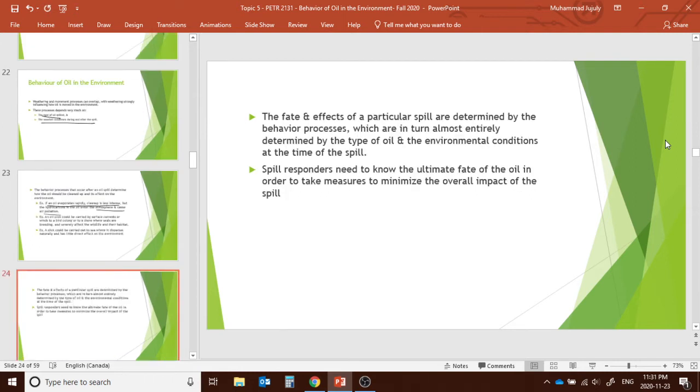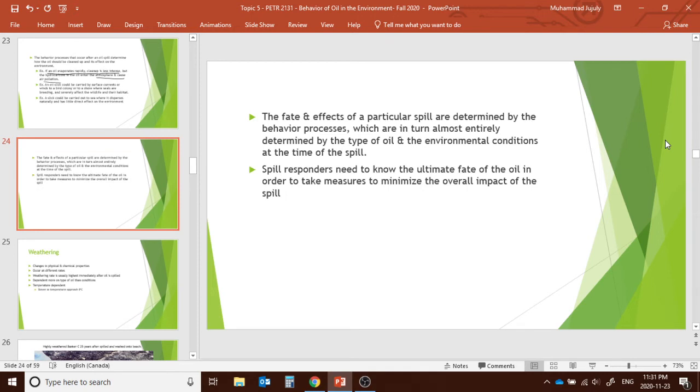Now the fate and the effects of a particular spill are determined by the behavior processes, which are in turn almost entirely dependent on the type of the oil and the environmental conditions at the time of the spill.